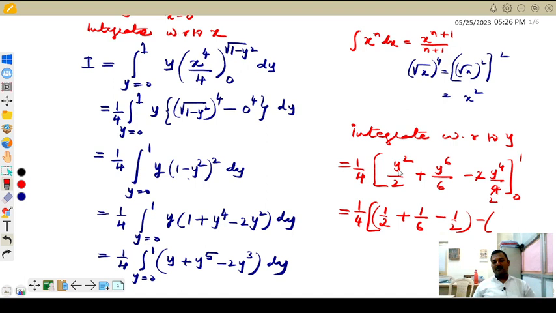Minus the lower limit, 0 by 2 is 0, 0 by 6 is 0, 0 raised to 4 by 4 is 0. So student, 1 by 2 minus 1 by 2 get cancelled. 1 by 4 into 1 by 6 is 1 by 24, which is the value of the double integral.